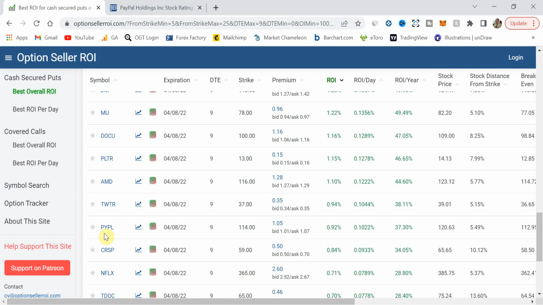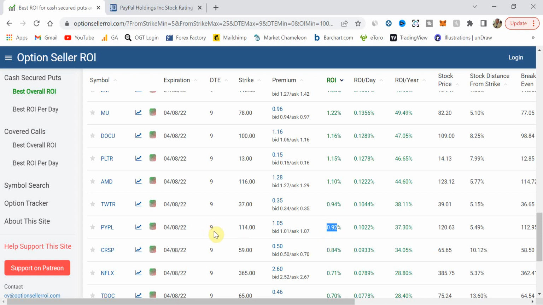But now I found it on this scanner that the current price is $120, right? I'm happy to pay $120, right? Why would I though? I might as well sell a cash secured put on it, right? So I can then sell a cash secured put at $114 and pick up just under 1% return on my money in 9 days.